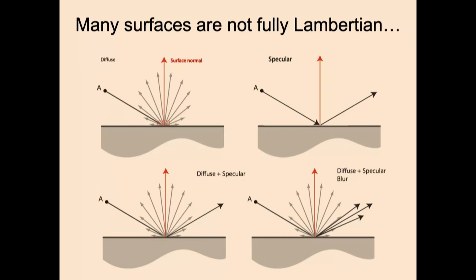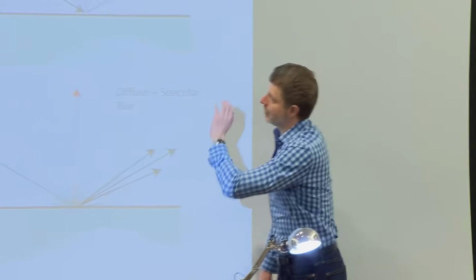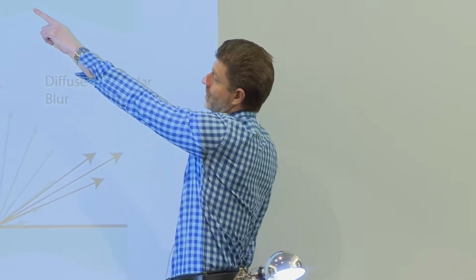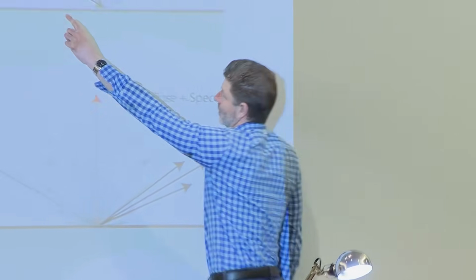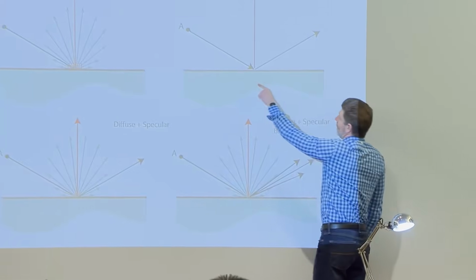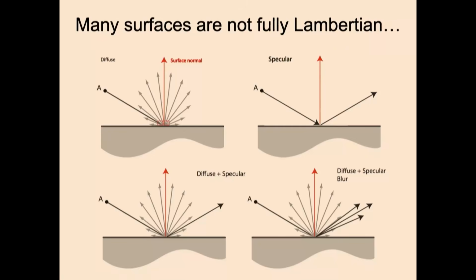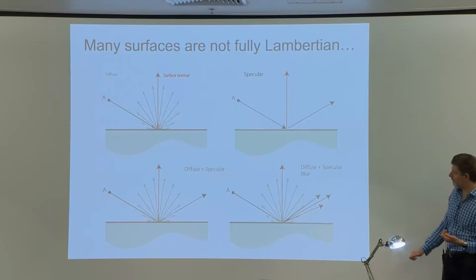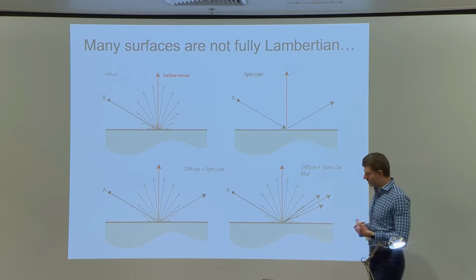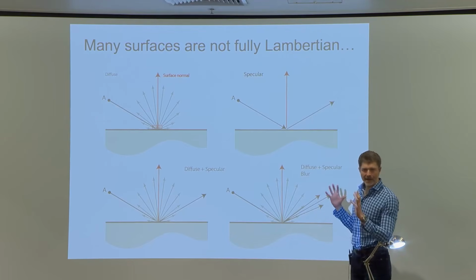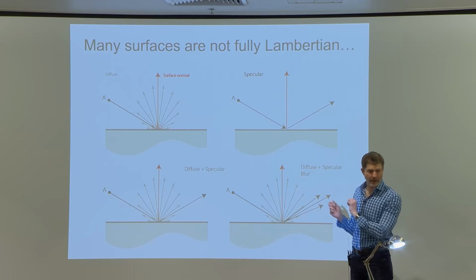Importantly, many surfaces are not fully Lambertian. This is a case where you have something that's pretty Lambertian. Sometimes, though, you get non-Lambertian reflectance, in particular specular reflection. This is a case where the light comes in and gets reflected in some particular direction, like what a mirror would do. Oftentimes the surfaces we encounter in the world have a combination of diffuse and specular reflection.